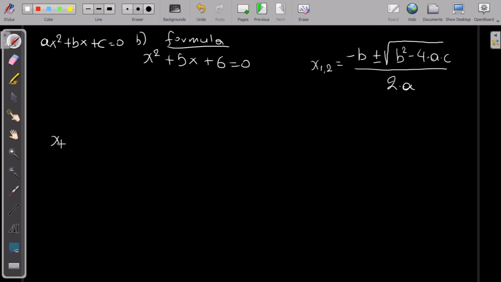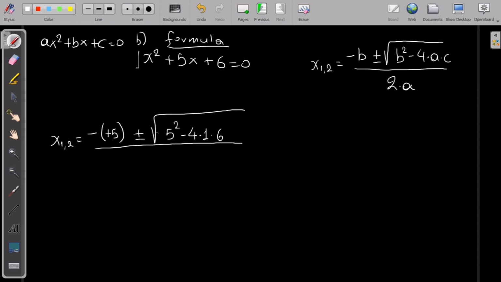Let's see it. x1,2 is minus, how much is b? b is plus 5, so I'll do it analytically, minus 5 plus or minus the square root of, how much is b? 5 squared minus 4 times a, which is 1 always since there's no number, times c, which is 6, over 2 times a, which is again 1.